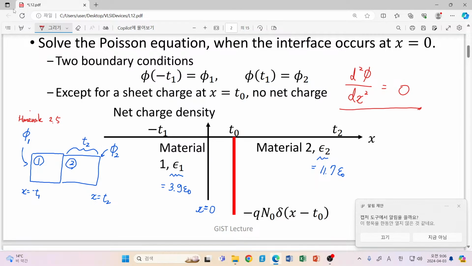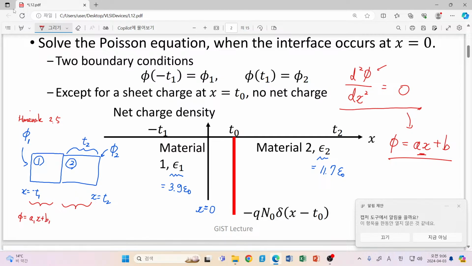Please try to solve this problem. This problem is quite easy because we have a vanishing second order derivative, and it just follows a form like ax plus b, a linear function of the real space position. For this region and another region, you can assume that phi is given as a sub 1 x plus b sub 1.